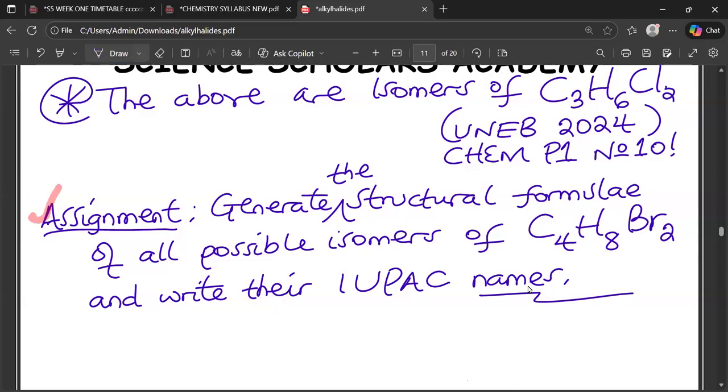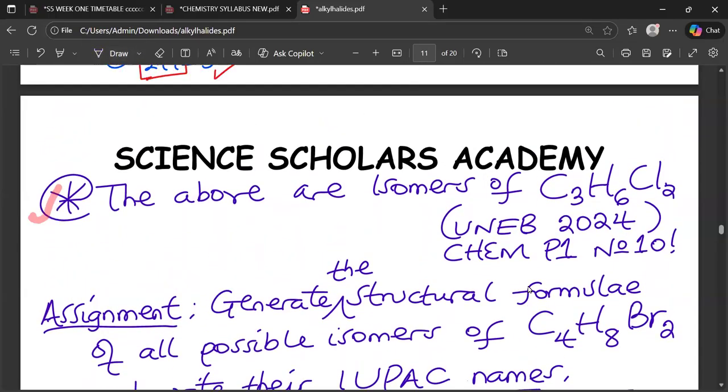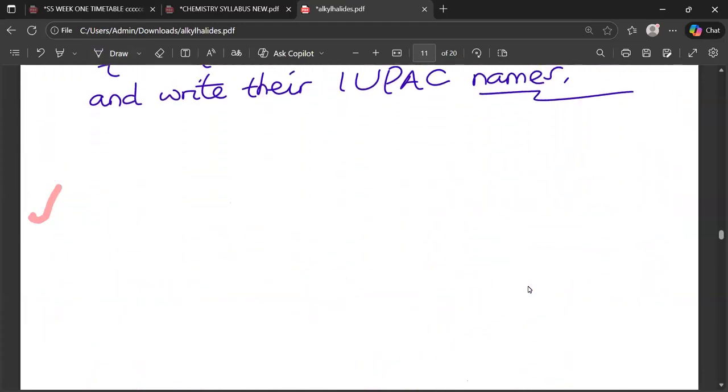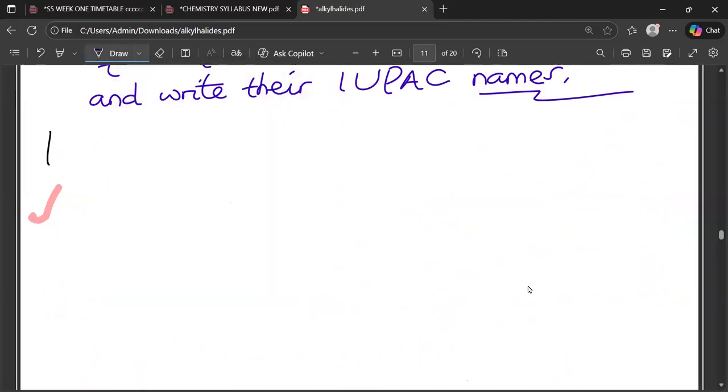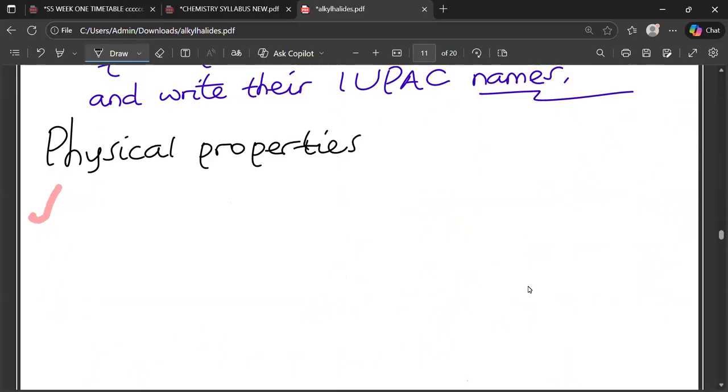So you all know that physical properties, you're supposed to go and write them on your own. So the lesson is done. I just guide you on what to do, then you go and do research. The physical properties are the usual ones.